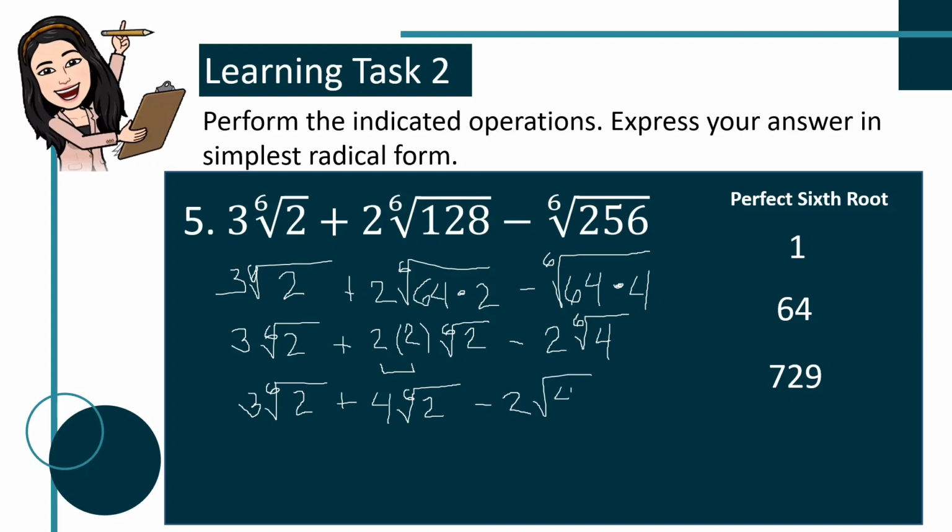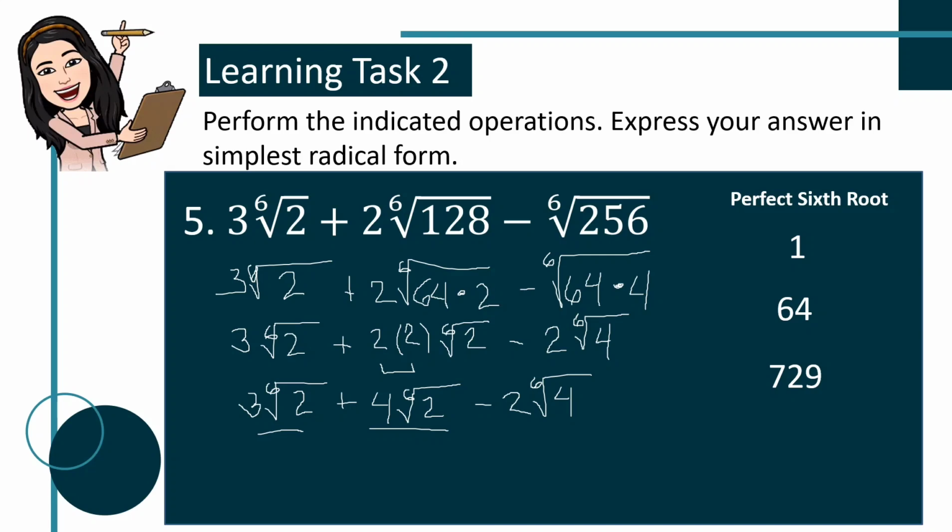Okay? So, sixth root ulit tayo dito. Now, meron ba silang pare-parehas na radical or similar radicals? Kasi kapag meron pa tayong similar radicals, therefore, we can still simplify it by performing addition of radicals. So, meron ba? Yes po. Ito po at saka ito. Since parehas lamang sila ng radicals, sixth root of 2. Ito ay sixth root of 2. So, therefore, pwede natin siyang pagsamahin.